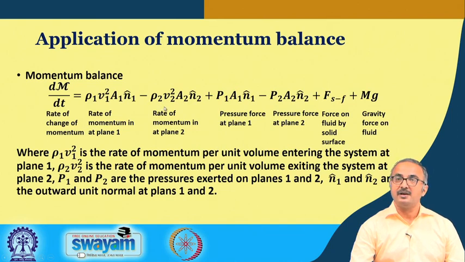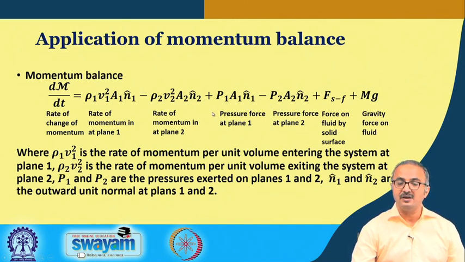The mass flux into area is the mass flow rate, and into V2 gives the momentum. So, we are getting rho 2 V2 square into A2. And again this is associated with a direction, and this direction is given by the outward normal at this plane 2.